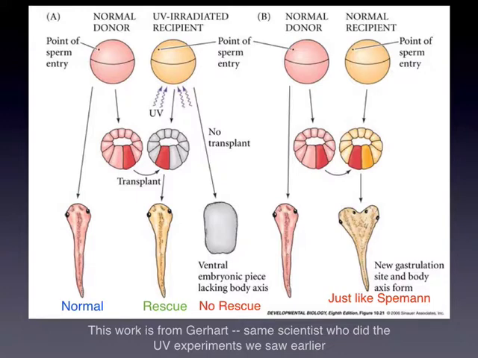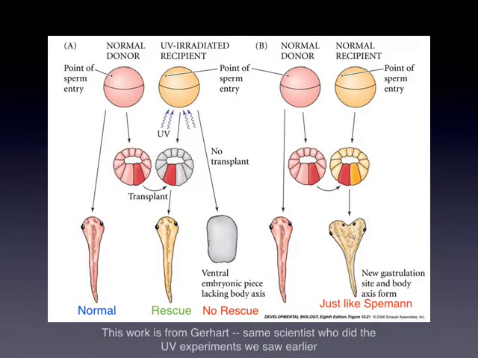If you don't do the transplant, no rescue, okay? And if you do the same thing without even bothering with the UV, if you just use a normal recipient and a normal donor, you get a new gastrulation site and a second body axis, just like you did with the newts in Spemann and Mangold's experiment.